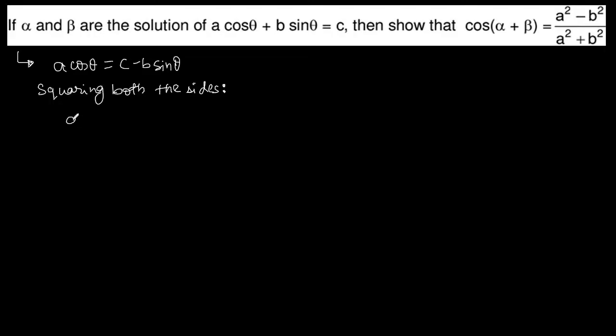It is a square cos square theta is equal to c square plus b square sin square theta minus 2bc sin theta.